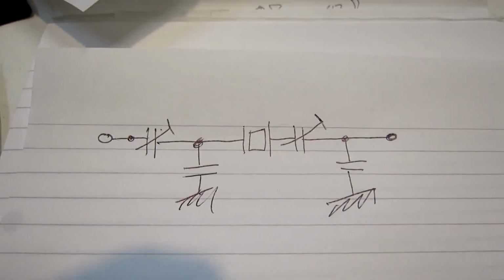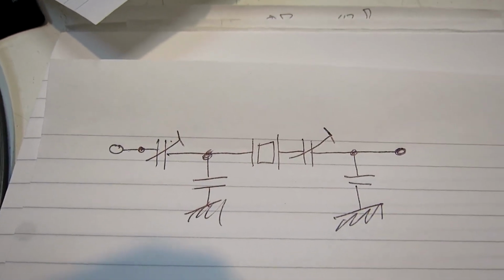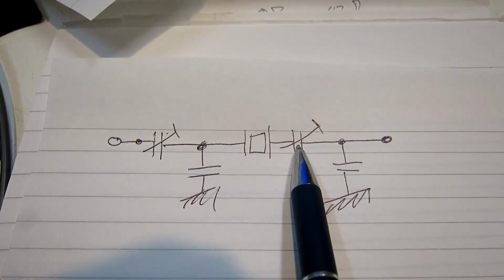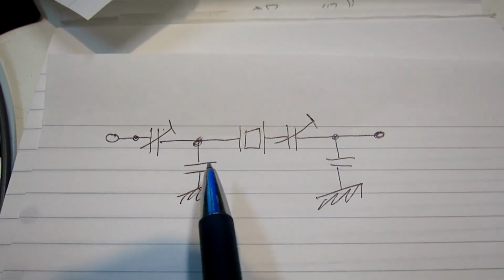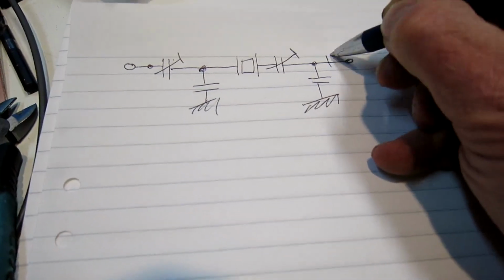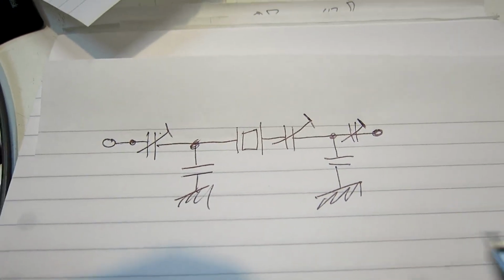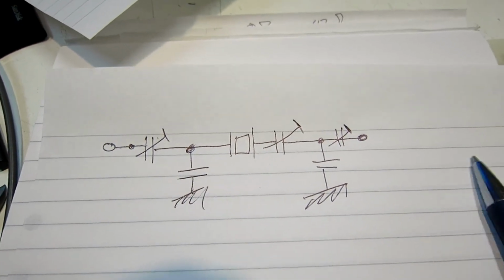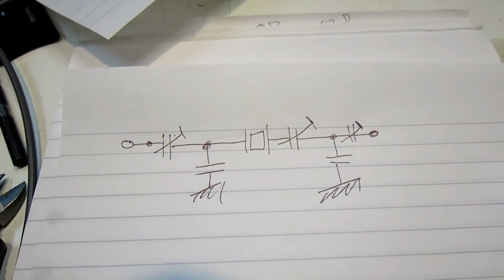This is one way to make a filter using the series resonance. I set the resonance frequency with this trimmer and the impedance with this one and the one which is here. I could eliminate this one by making this capacitor bigger, but that's not so easy to adjust.